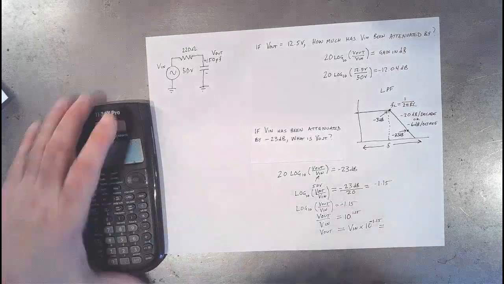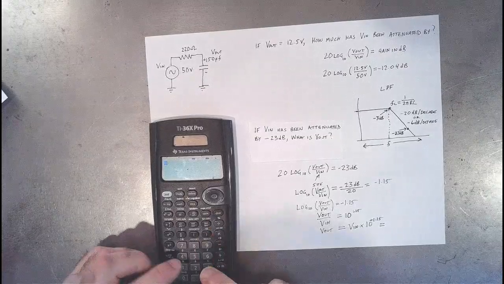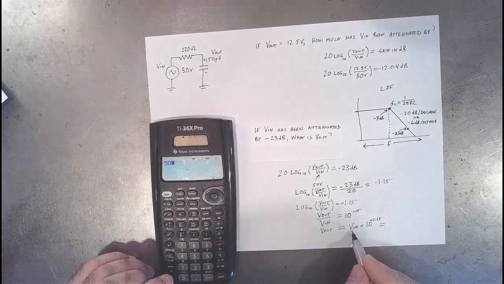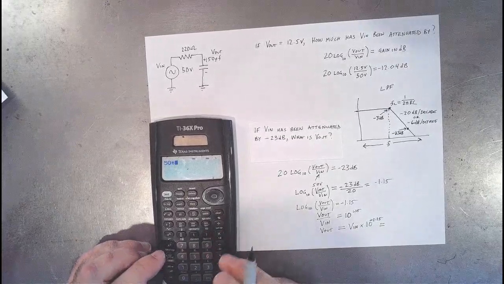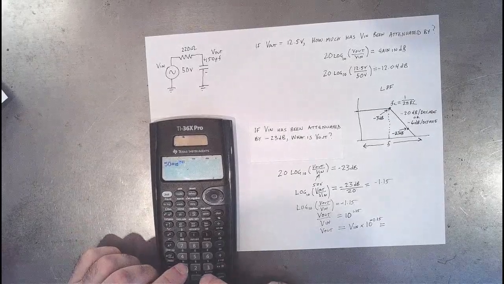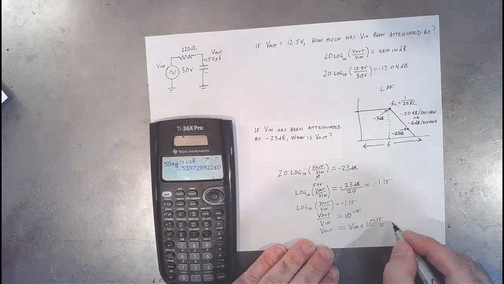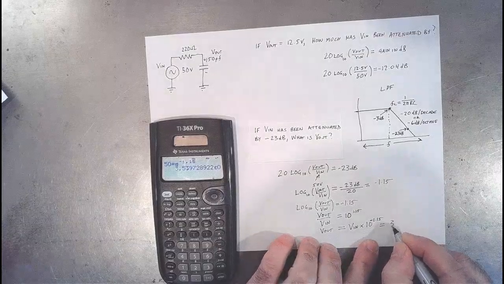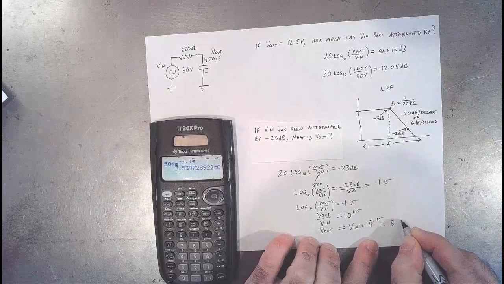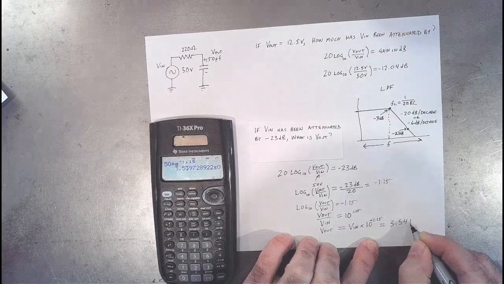So let's see what V out is going to be. So we have 50 volts, that's V in, times 10 to the minus 1.15. And it looks like V out is going to be 3.54 volts.